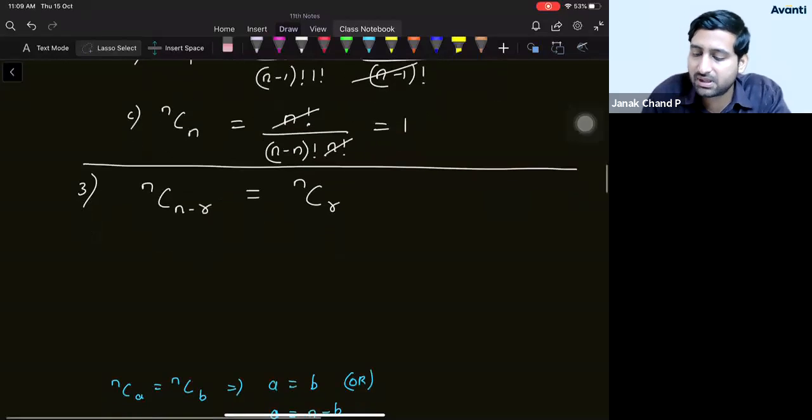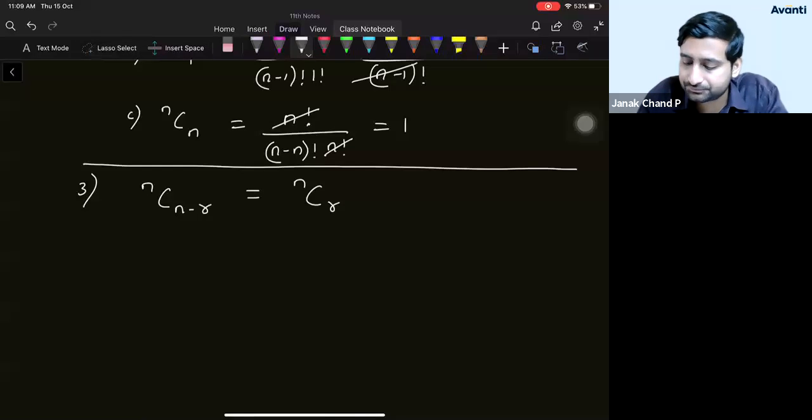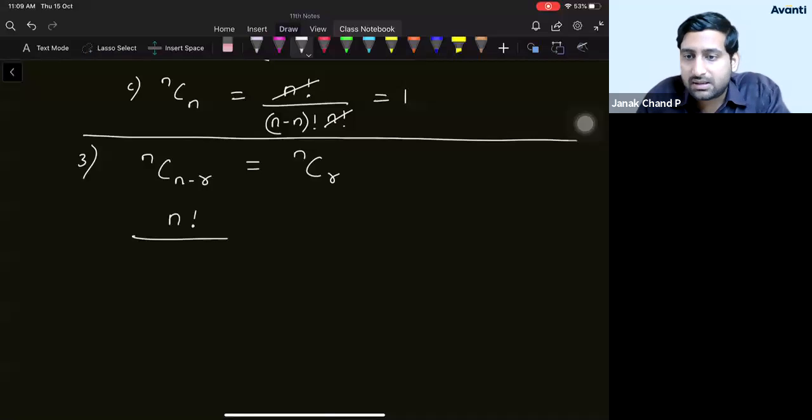So very simple. Let us just start with LHS and show that it is RHS. This LHS value will be n factorial divided by, no Chandan, this is not a JEE class. This class is for everyone. So this is for boards, JEE students as well as NEET students.